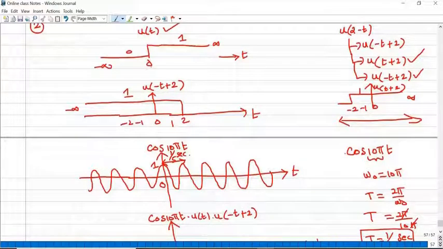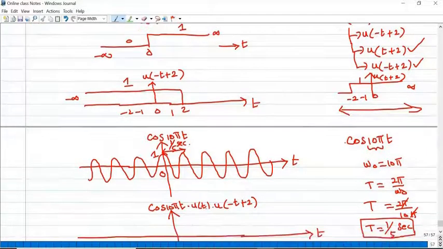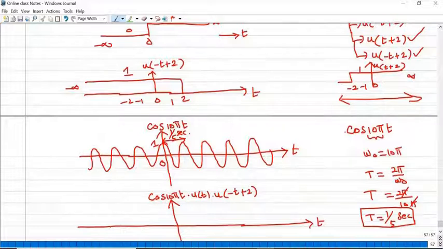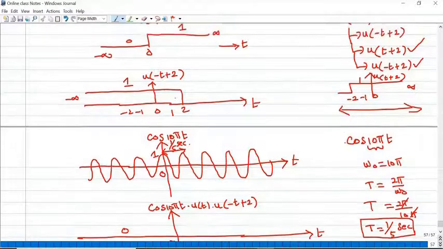On the negative side u of t is 0, so anything multiplied by it gives 0. So from minus infinity to 0 your value is 0. For positive t, from 0 to 2, it is 1.